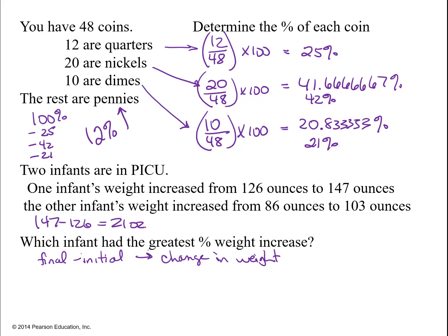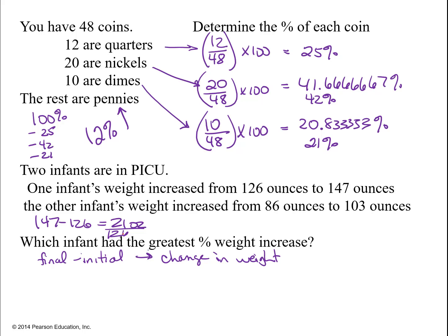So it's 21 ounces. But to figure out percent, I'm looking at the total. So what would I use? That's the change compared to, would I use the 126 or the 147? 147 is their final, which is what I use to figure out the change. But they started off at 126. That's their initial, so their percent change is compared to what they started at.